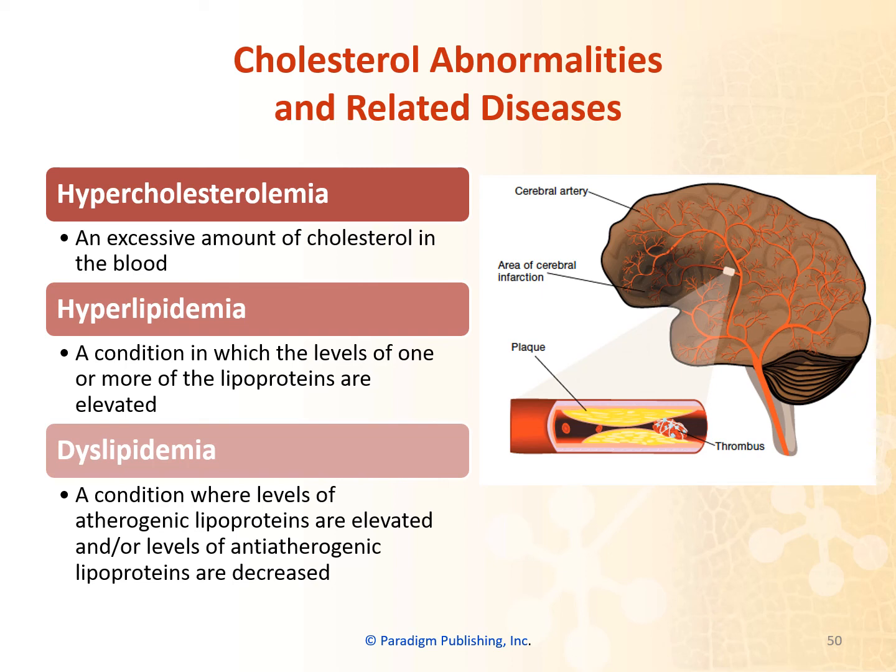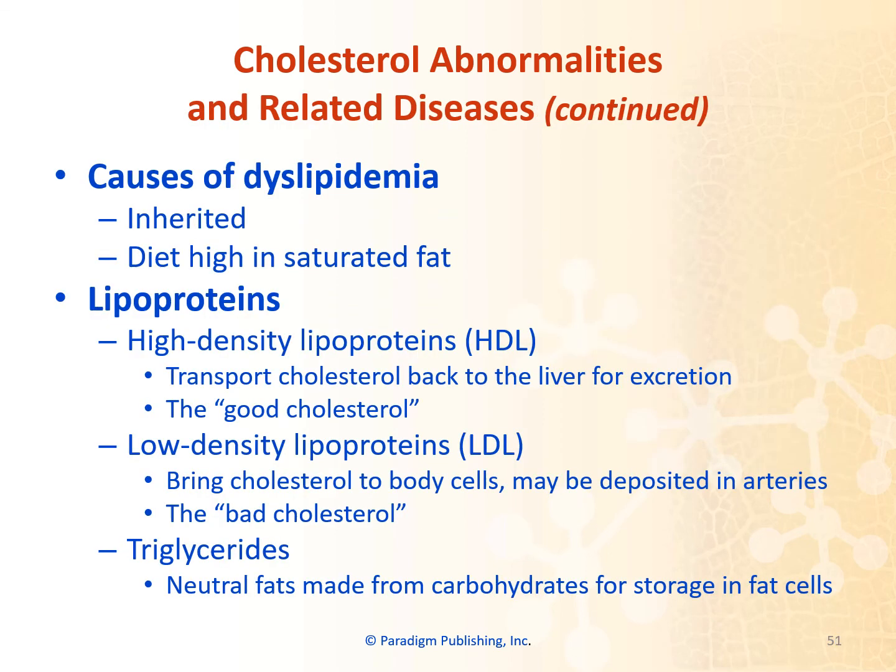There's a picture here on the right that shows the plaque in the arteries and how a thrombus can form. There's different causes of dyslipidemia, such as genetic or inherited, and a diet that's high in saturated fat.